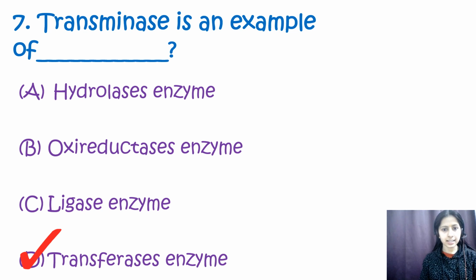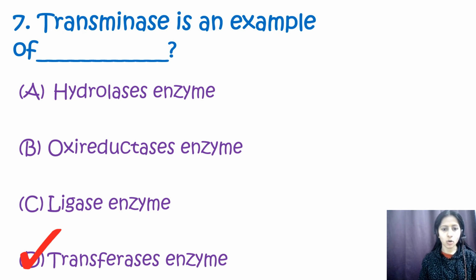Whereas hydrolase enzyme is a type of enzyme that catalyzes the hydrolysis of a chemical bond. Hydrolysis is a chemical reaction in which water is needed to break down a compound into simpler substances.